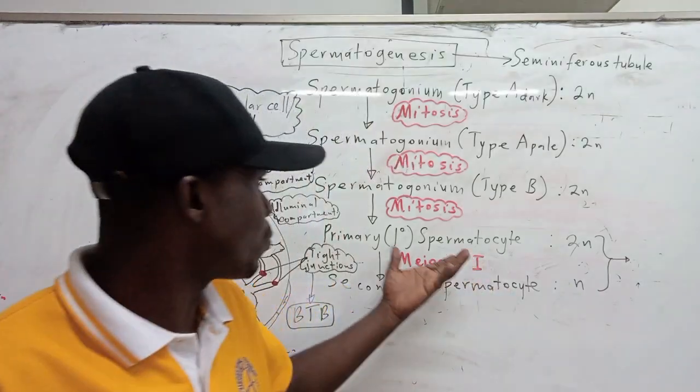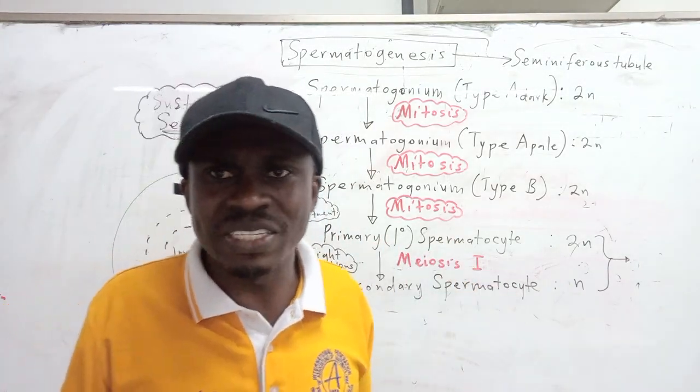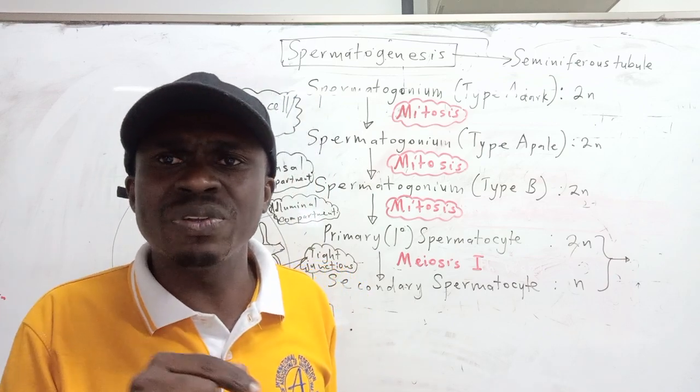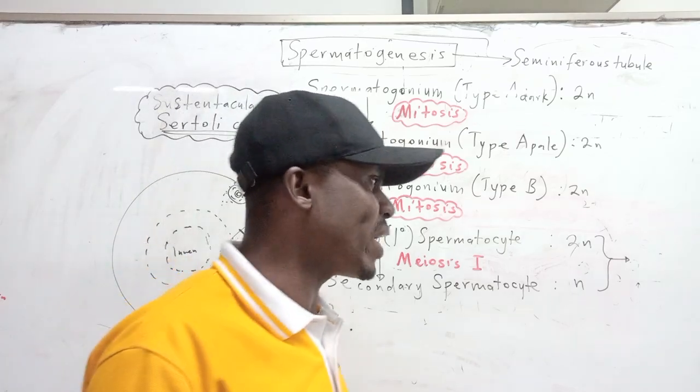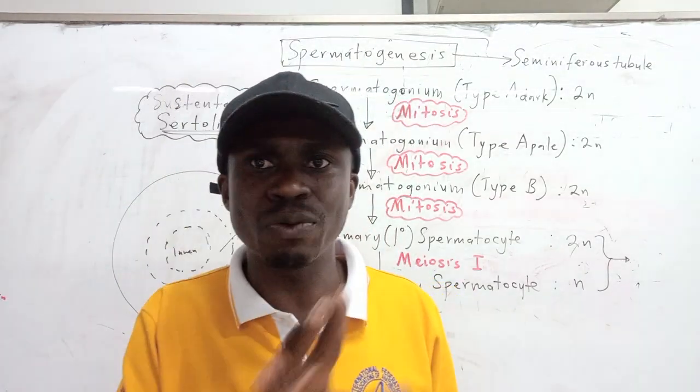So it's at this point, where we are changing from primary spermatocyte to secondary spermatocyte, which is of course meiosis 1 prophase, that mainly what we are going to see is independent assortment of maternal and paternal chromosomes.